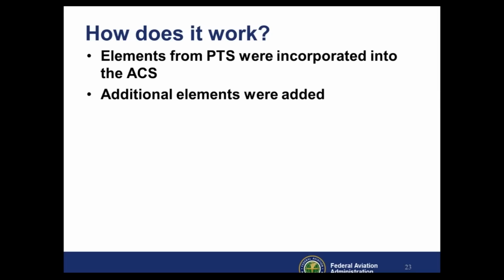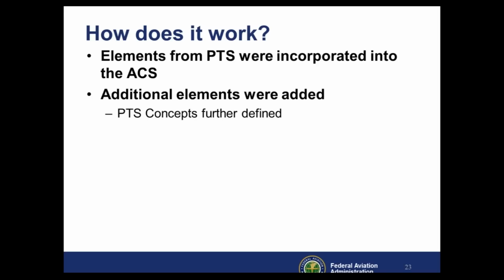And then we added some additional elements, and those of you that have seen the ACS are shaking your head going, oh boy, did you ever, because we did add some elements. But I want to explain why. The first reason is that in many cases, the PTS concepts were divided into smaller elements.